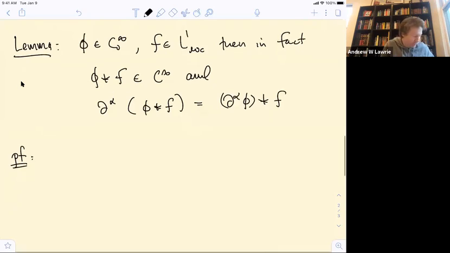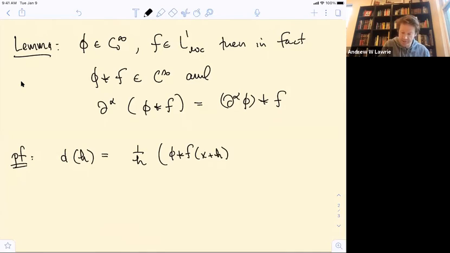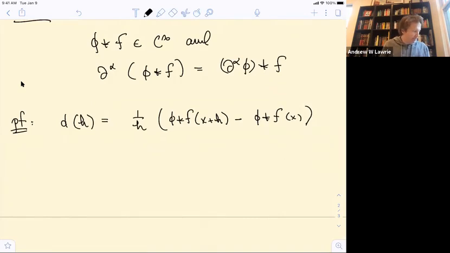So the proof is, let's call D of h equal to 1 over h times phi convolved with f of x plus h minus phi convolved with f of x. So I'm going to try and take the derivative of a convolution. And what's this equal to?